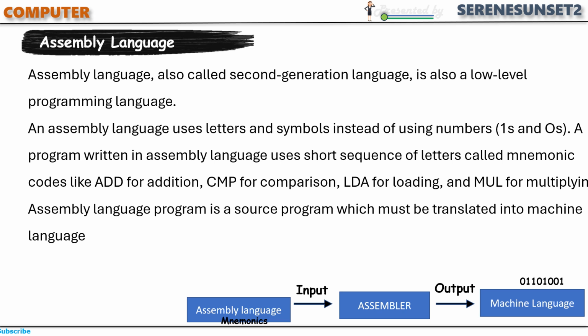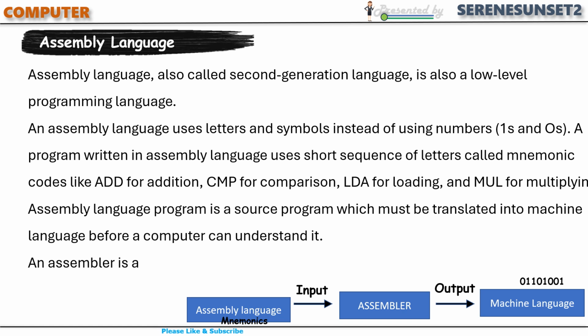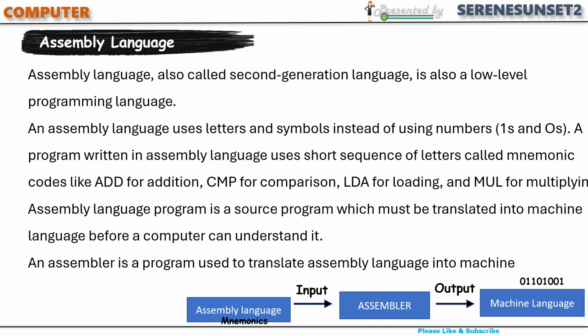Assembly language programming is a source program which must be translated into machine language before the computer can understand it. An assembler is a program used to translate assembly language into machine language so that the computer can understand.